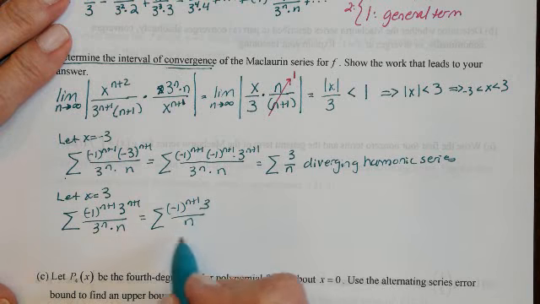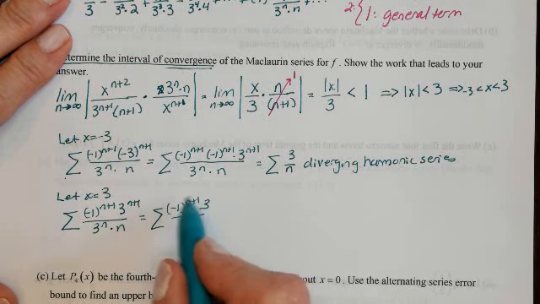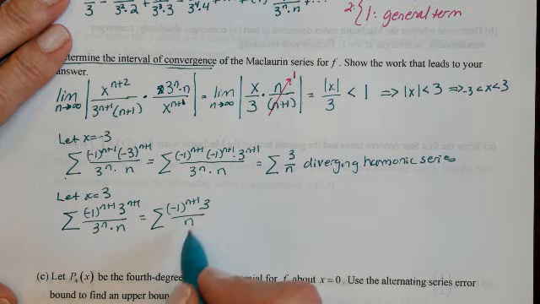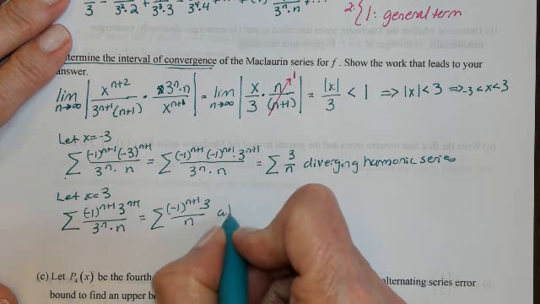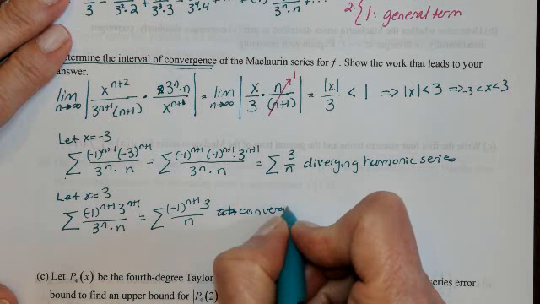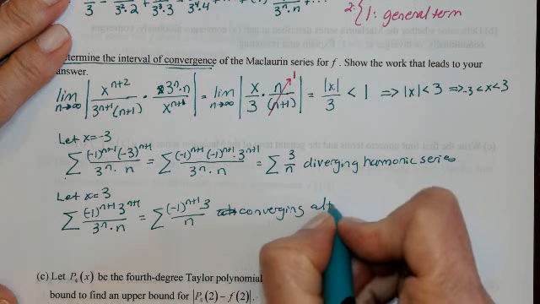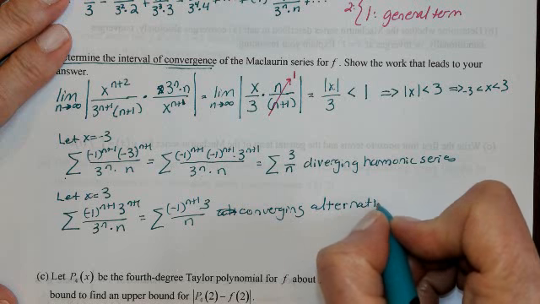And now let's look at this. This is an alternating series that converges because the limit is going to 0. It's decreasing in magnitude. So this is a converging alternating series. It converges by alternating series test.